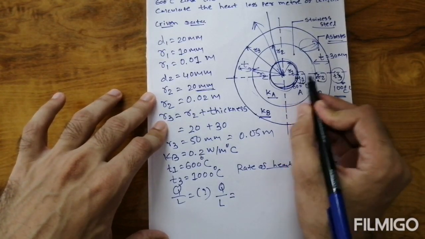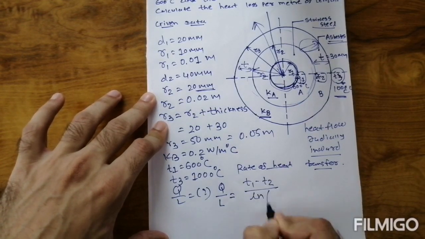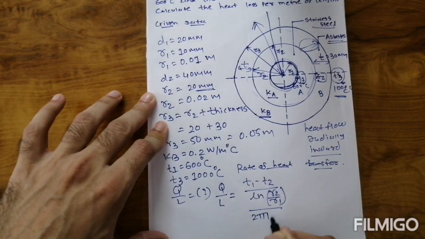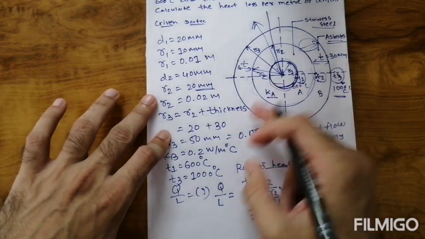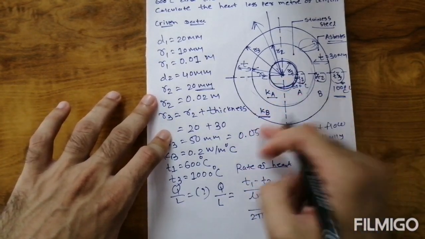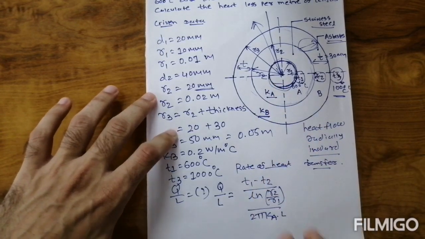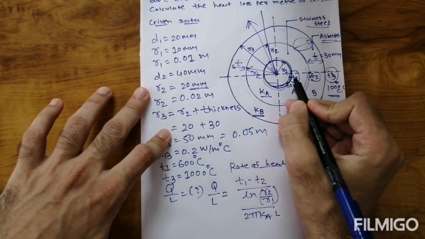First stainless steel: Q by L is equal to T1 minus T2 divided by ln R2 by R1 over 2 pi Ka into L. Why should we consider Ka? Because two layers are there, both having different thermal conductivity. So we consider Ka for the stainless steel and Kb for the asbestos. The first equation is over, heat transferred from T1 to T2.